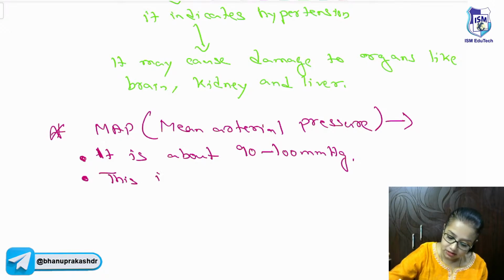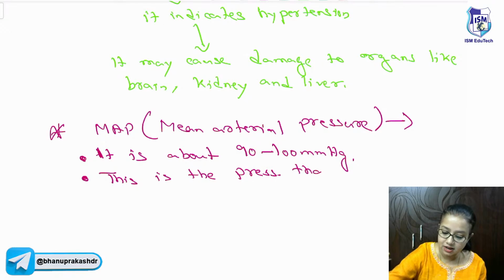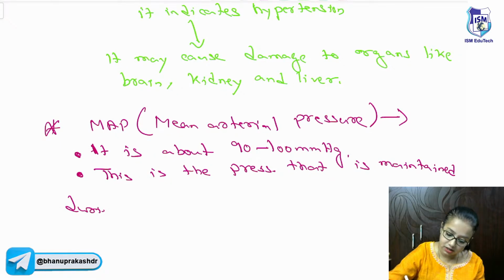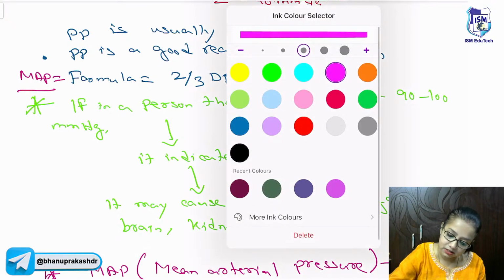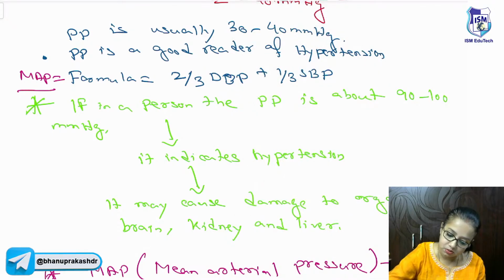This is the pressure that is maintained during the cardiac cycle. That's why the formula is actually the systolic blood pressure plus 1/3 of pulse pressure. So if we compute that, we get the mean arterial pressure.